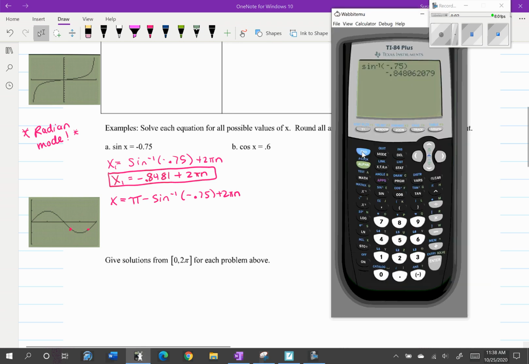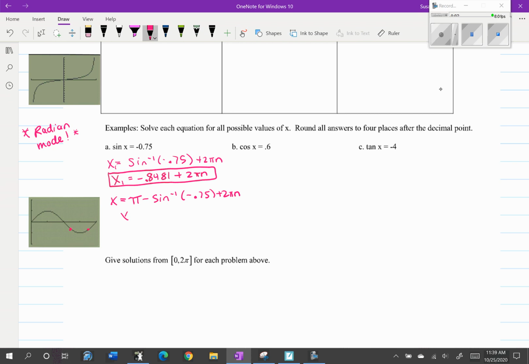So pi minus the sine inverse of -0.75, or we could have used our answer from above, and we get x is equal to 3.9897 plus 2 pi n. So that gives us our second solution.